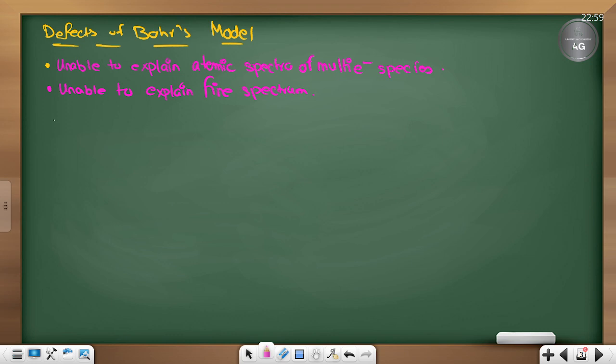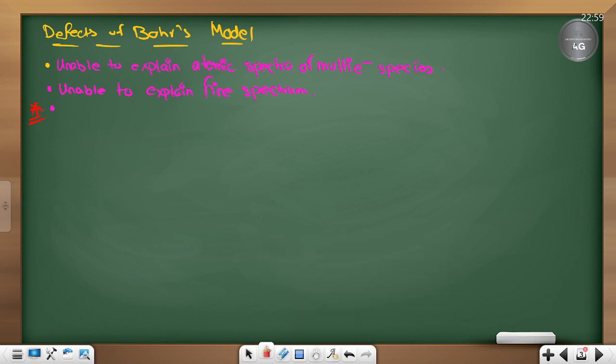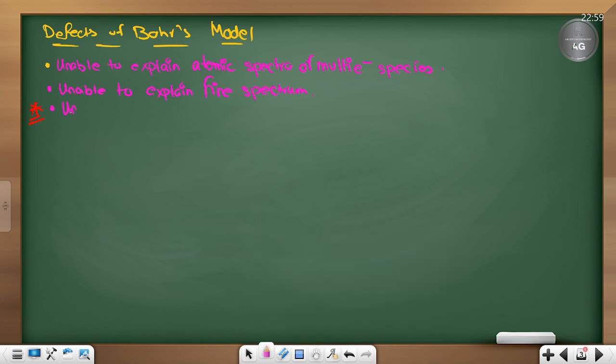Number three is the most important one. It is unable to explain the effect of magnetic and electric field on the spectral lines of an atom.